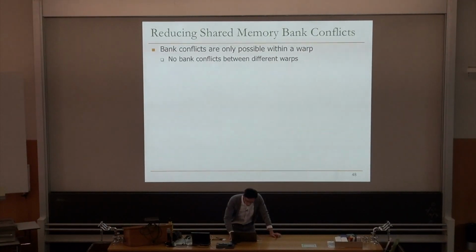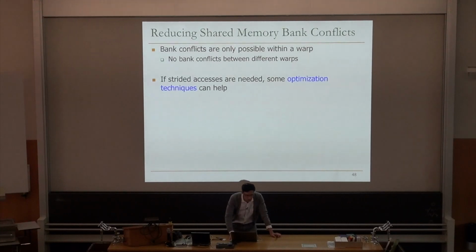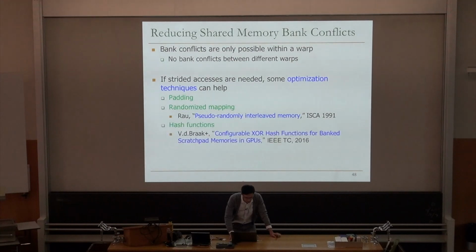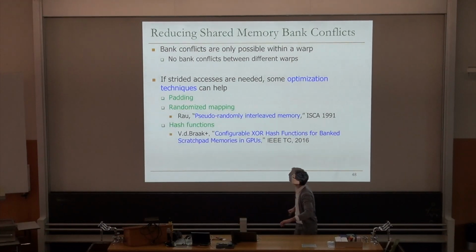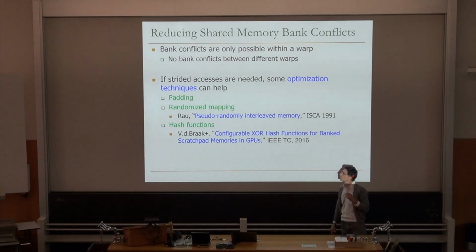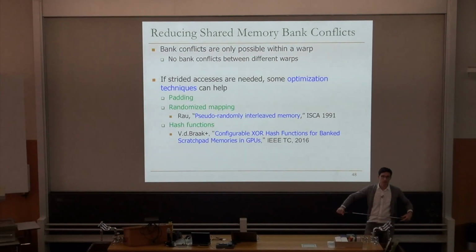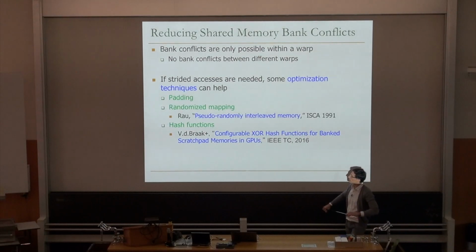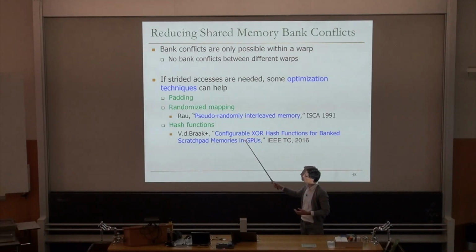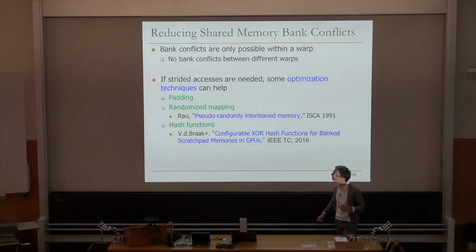Okay, so how can we reduce the bank conflicts? I think that we already mentioned this, at least we already mentioned in lecture 7 this paper for sure, on randomly interleaved memory. This would require some improvements in the memory. Another possibility is using hash functions, as is explained in this paper.